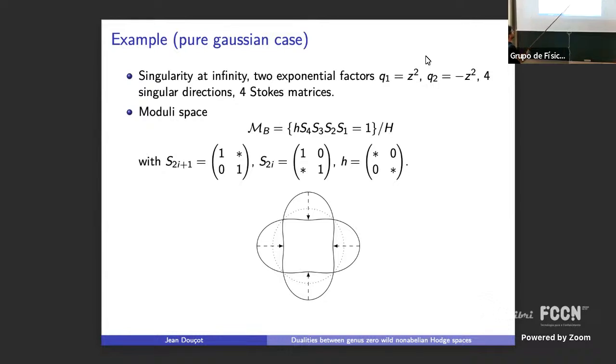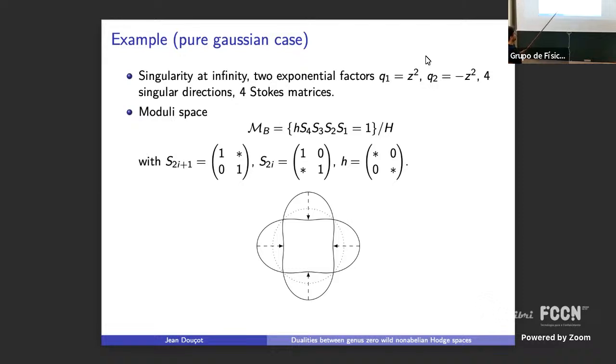And you see I have this Stokes diagram, and so I have 4 singular directions. And so I get that the wild character variety is like this: a product of Stokes matrices equal to 1. And the formal monodromy here and the connection matrices, they vanish because there's just one singularity. By change of framing at the base point, they disappear.